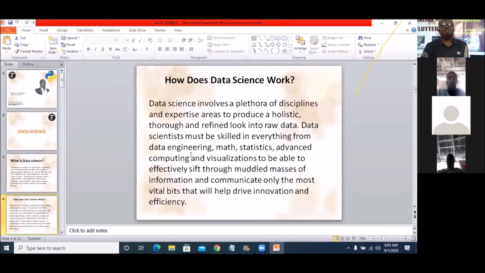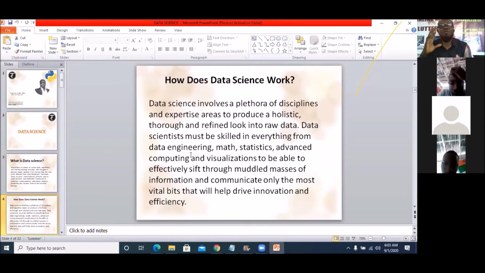Okay, so how does data science work? When we talk about data science, how does it work? Data science involves a plethora of disciplines and expertise areas to produce a holistic, thorough, and refined look into raw data. Data scientists must be skilled in everything from data engineering, that is number one.